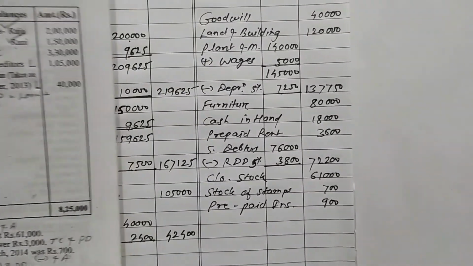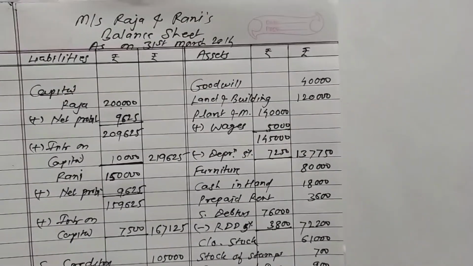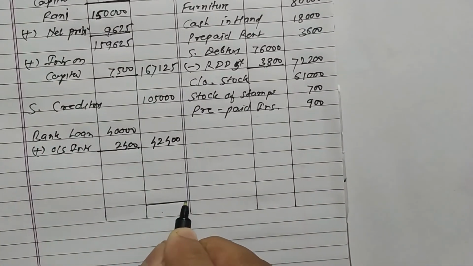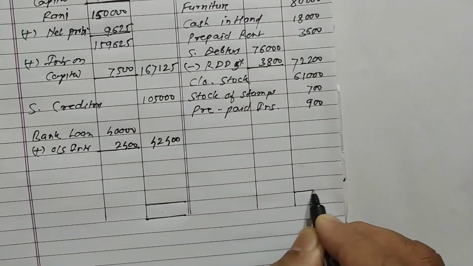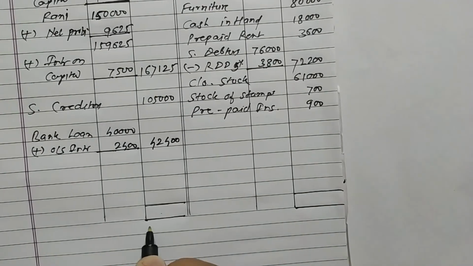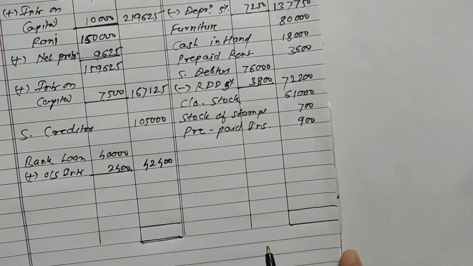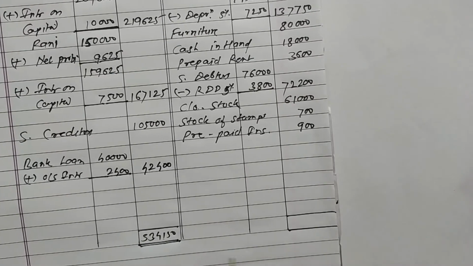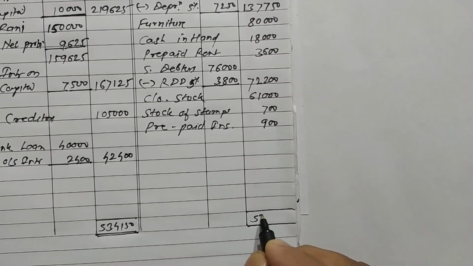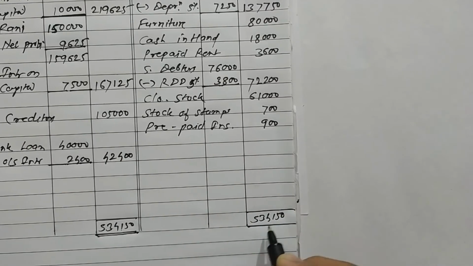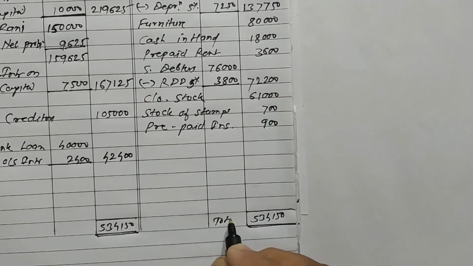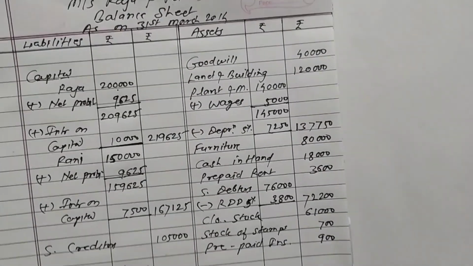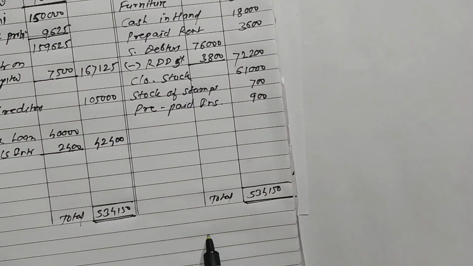Okay, nothing else. Now we go to the total of the asset side and liability side. The totals of the asset side and liability side have to be equal. Okay, and the total comes to rupees 5,34,150. 5,34,150 is the total. That completes the answer. We close the answer sheet.